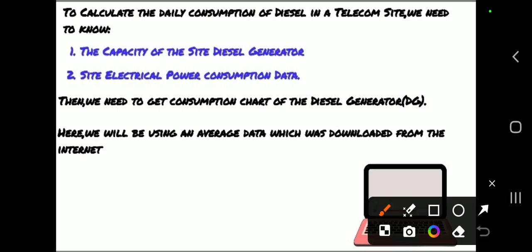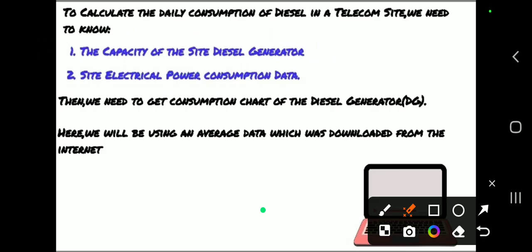First of all, to calculate the daily consumption of diesel in a telecom site, we need to know the capacity of the site diesel generator, the site ACDG. We can find that capacity on the nameplate of the generator, or from the deployment list.